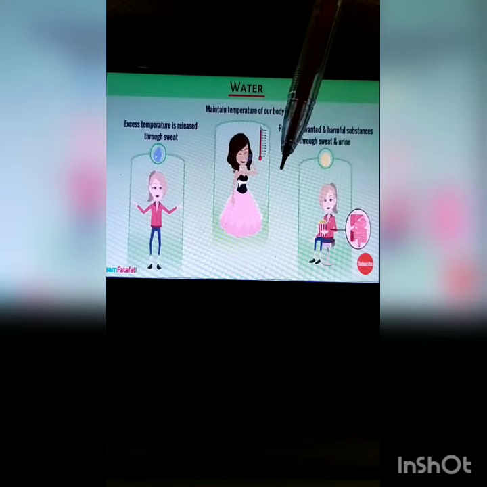It also helps in throwing out some of the waste products from our body as urine and sweat. Normally we get most of the water that our body needs from the liquids we drink.